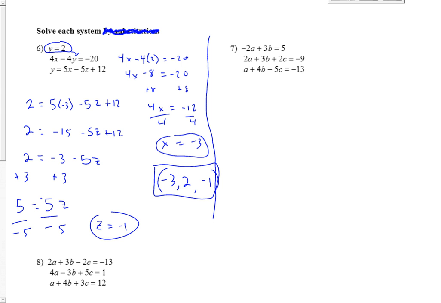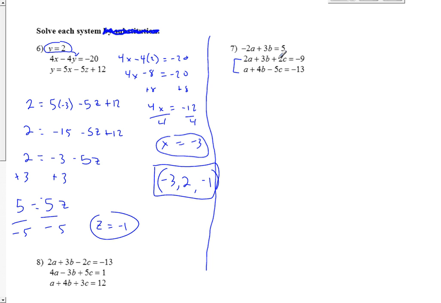Okay, let's look at number 7. What I want to notice about this is that we have our first equation already broken down to 2 variables. So if I can work with the second and third equation to eliminate our c variable, then I can get a new equation with only a and b and work with that new equation and the first equation.